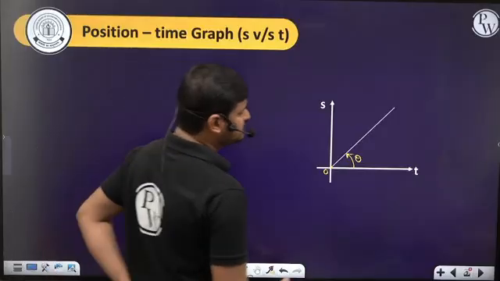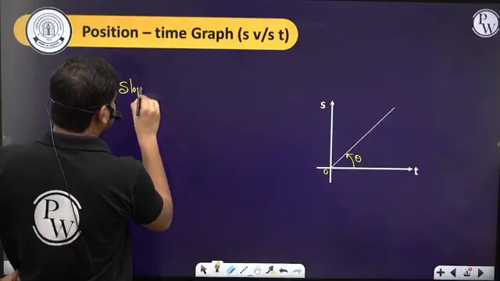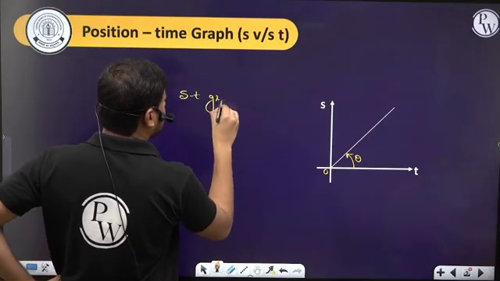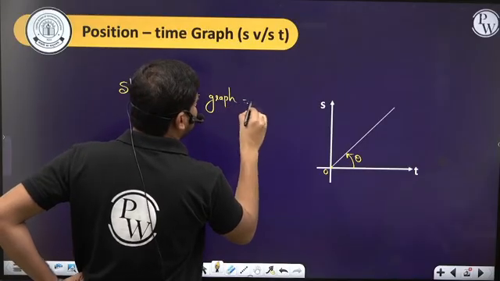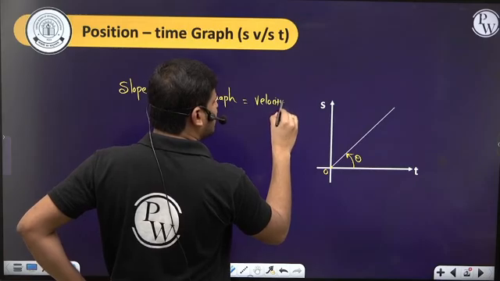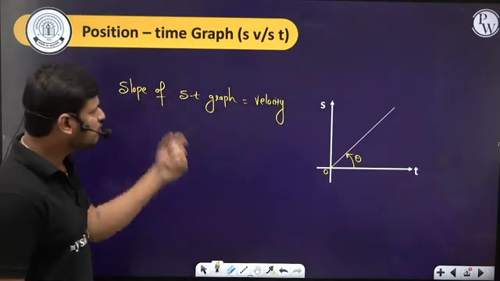Now if you observe, we know that the slope of the ST curve will result in the velocity. We already learned this, right? So what is the slope?